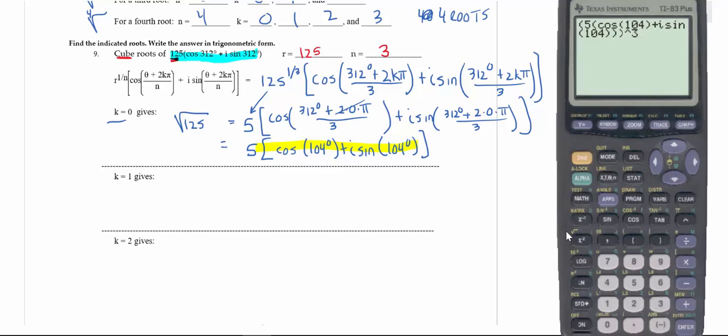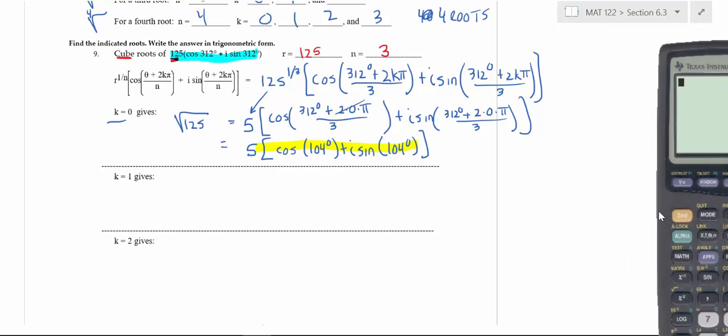The way you check an answer to a cube root is you cube it. I don't know how well this is going to come out on the calculator, but we can find out. Basically, you would end up having the a plus bi form of what we started with. A little bit hard to interpret on there with the calculator, but if you took this to the 3rd power, you would get this.